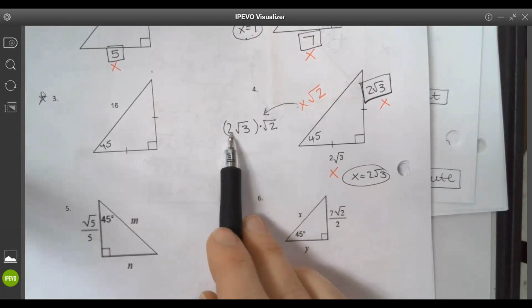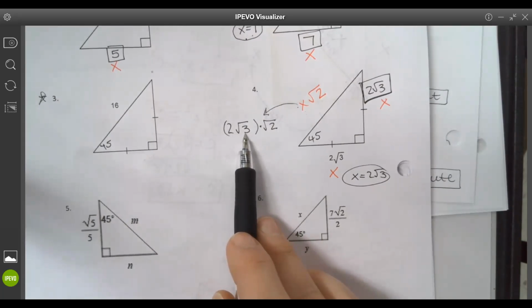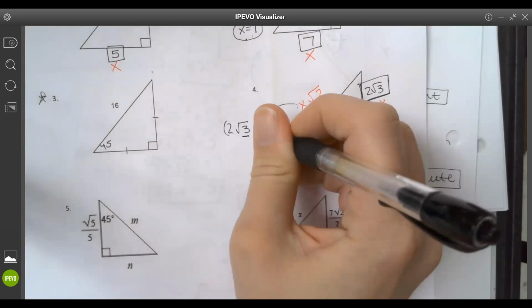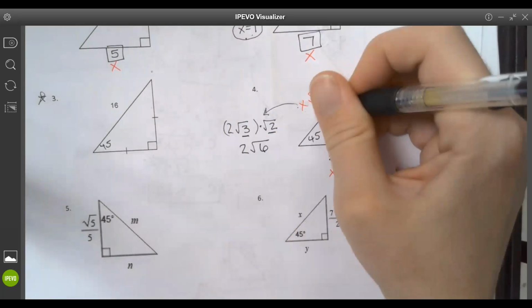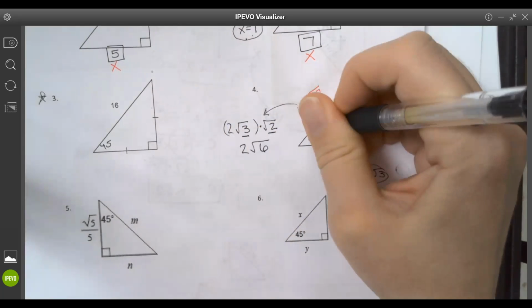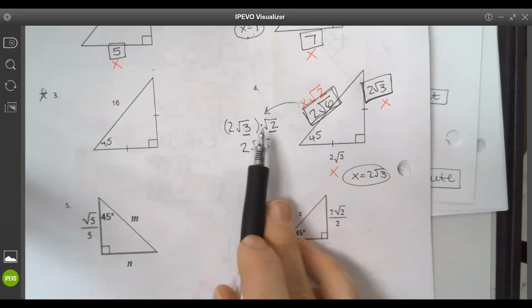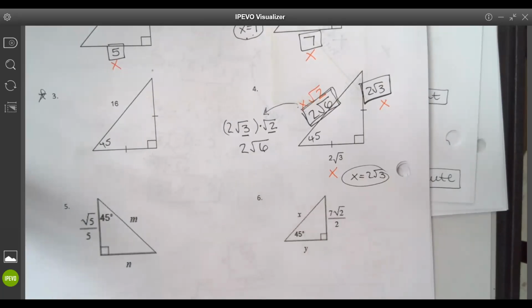I can only multiply numbers that are outside rads with other numbers that are outside rads. And I can only multiply inside numbers in my radical with other inside numbers. So I can multiply the 3 and the 2 together, and it would give me 2 rad 6. This side is 2 rad 6. When I take x and I multiply by rad 2, that's what I get.